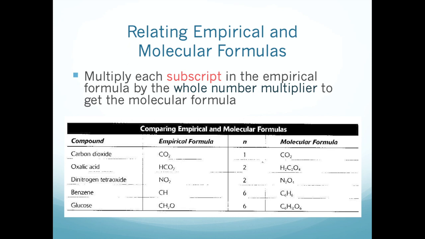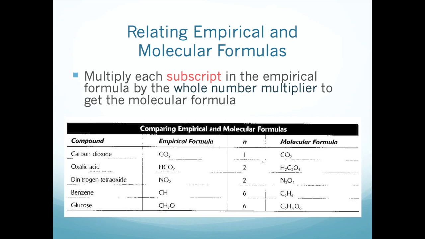Of course, going backwards is really straightforward. If you're given a molecular formula and you're trying to find the empirical formula, you just simplify whatever ratio you're dealing with. So for example, with glucose, our formula is C6H12O6. If we want to write out its empirical formula, we look at those numbers, 6, 12, and 6. What's the largest common factor that we can take out of these?